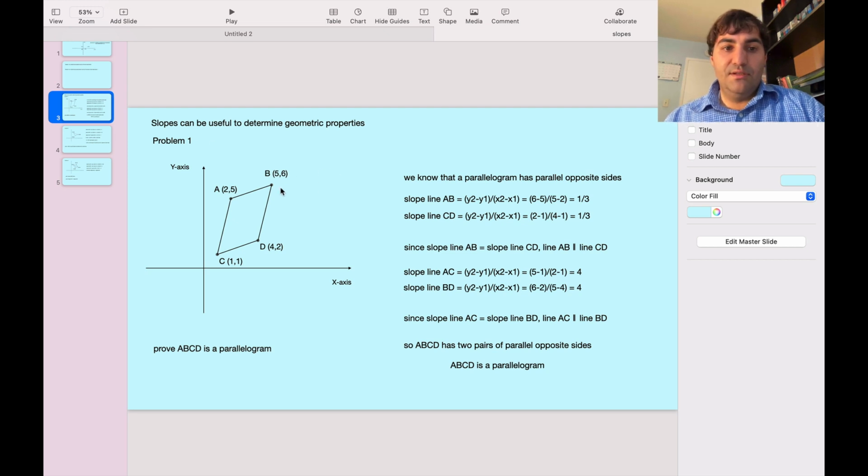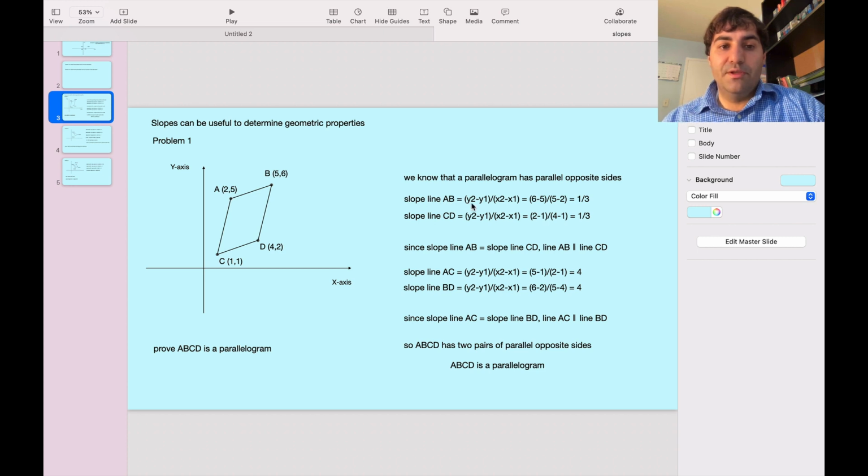So since we know the parallelogram has parallel opposite sides, let's compute the slope of line AB and its opposite side, segment CD. Let's do the slope of line AB first.